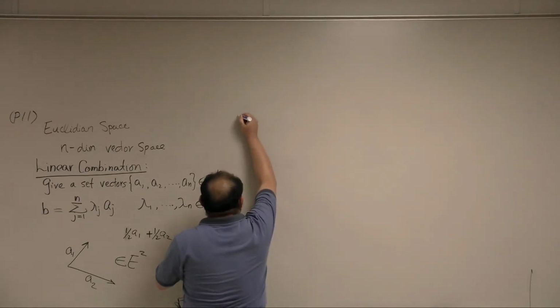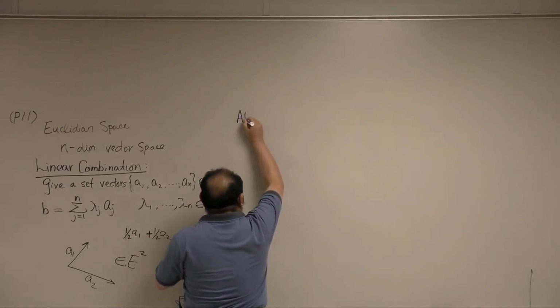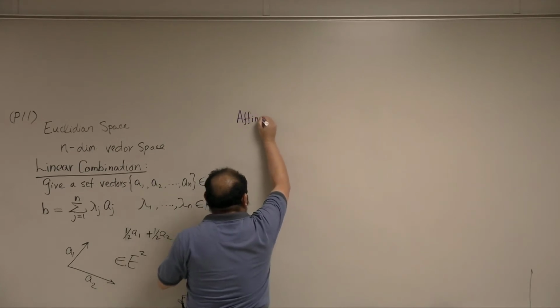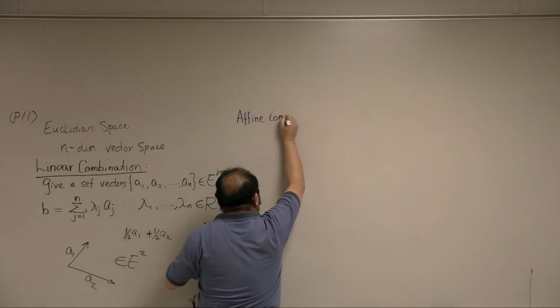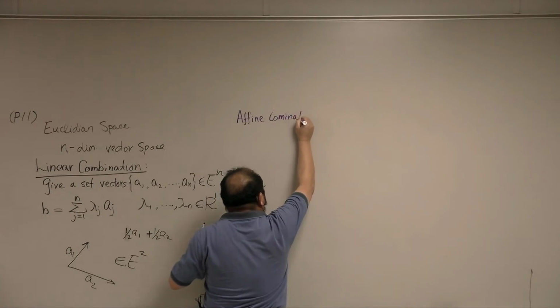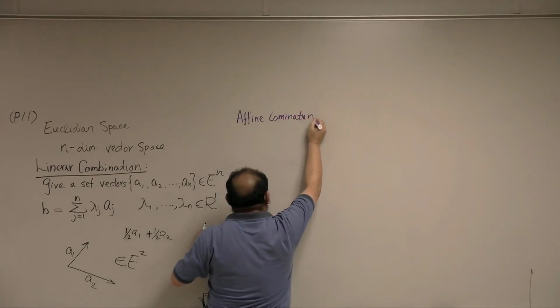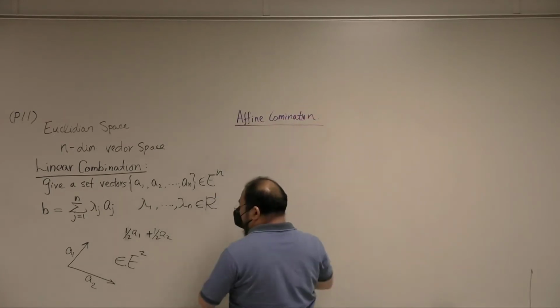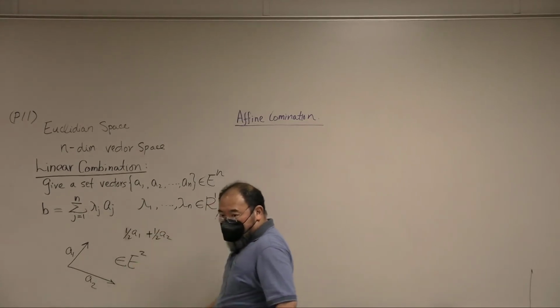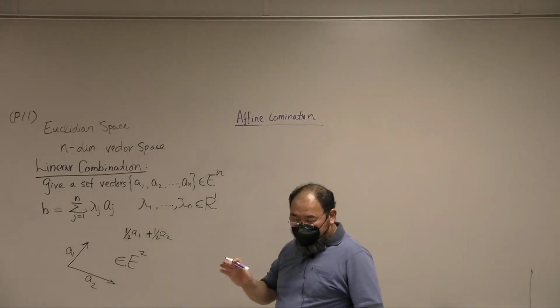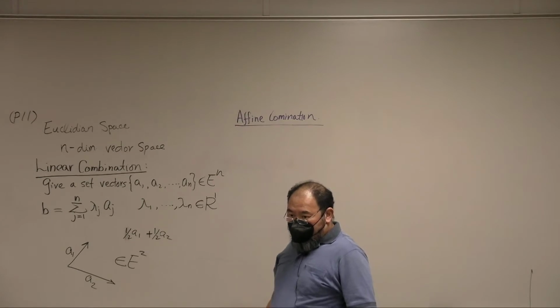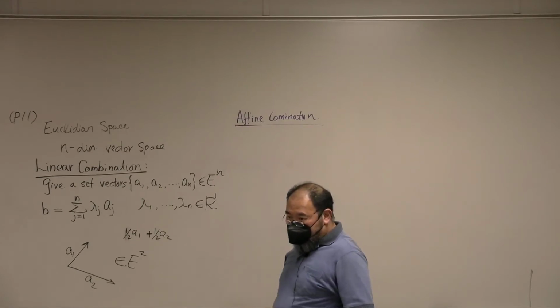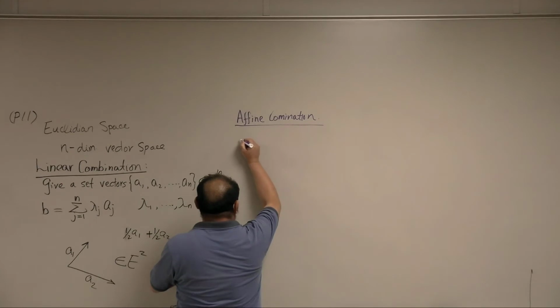Here, we call it the affine combination. Slightly different change. If I impose another additional constraint, meaning what?